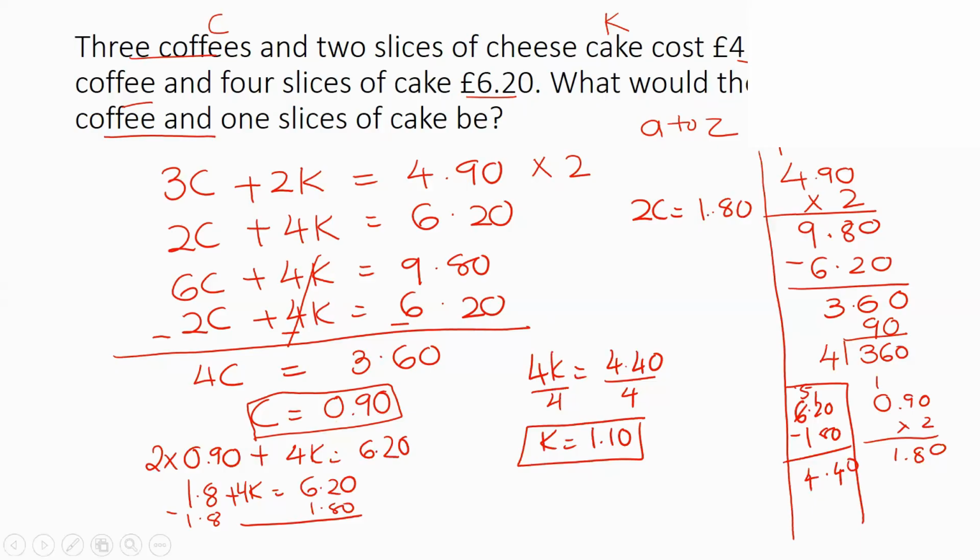And then we need to add one slice of cake, which is 1.10. So altogether, if we add this, we will have 2.90. So the final cost would be £2.90. I hope you have followed the steps.